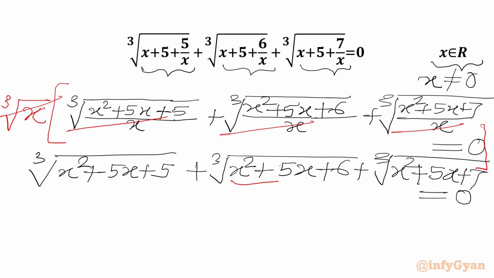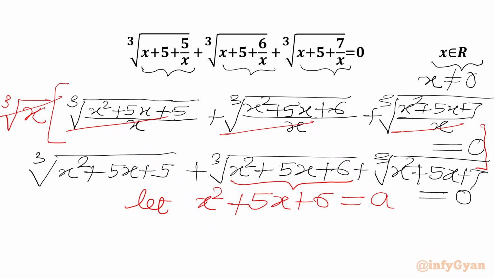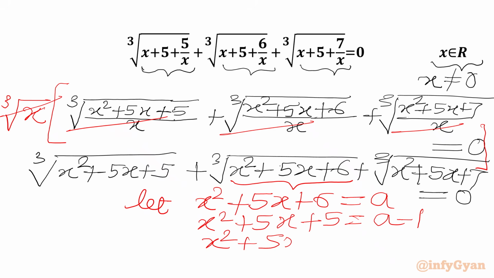Now we will use substitution. Let us say x square plus 5x plus 6 equal to a. So we'll be writing x square plus 5x plus 5 in terms of a, which will be equal to a minus 1, and x square plus 5x plus 7 in terms of a, we can write a plus 1.